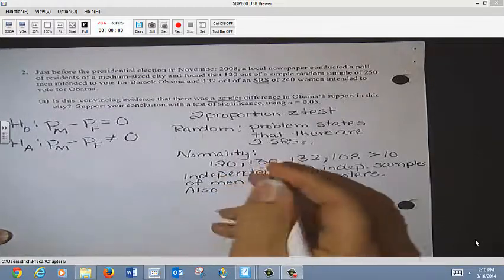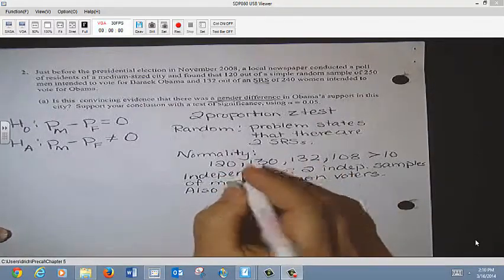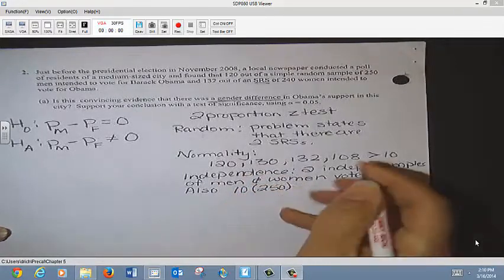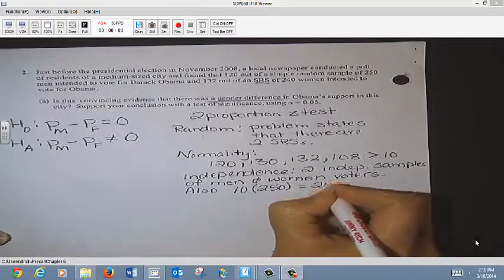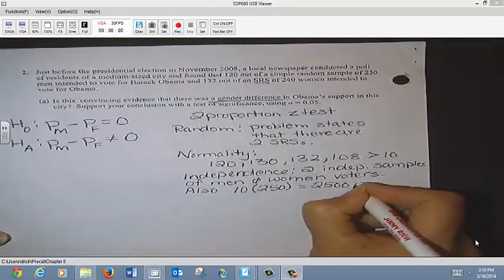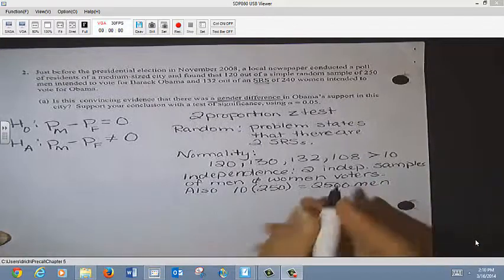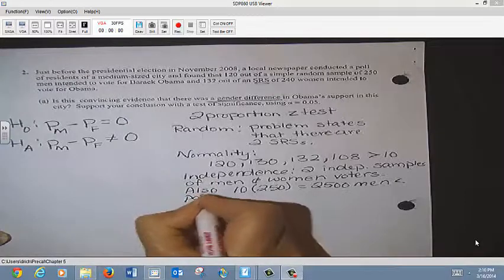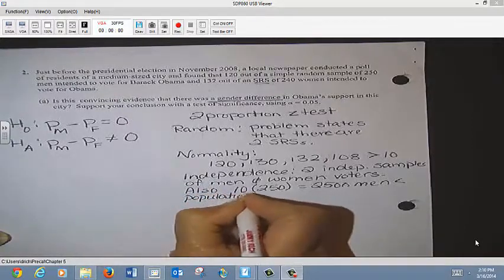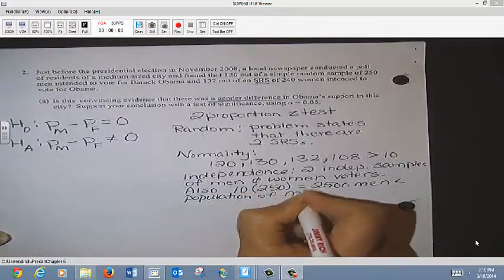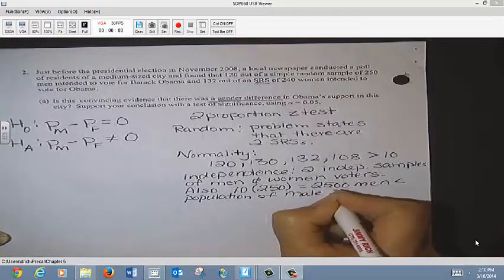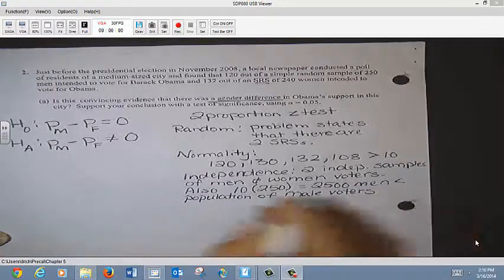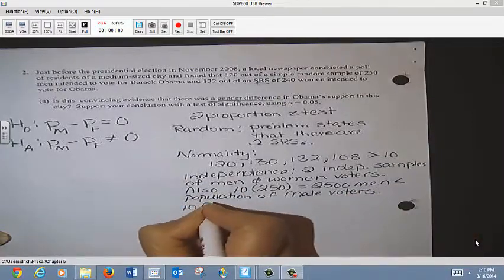10 times 250 we would think would be less than the population of male voters in this population, in this town. And for the females, 10 times 240. And notice these sample sizes are different, and that's okay.